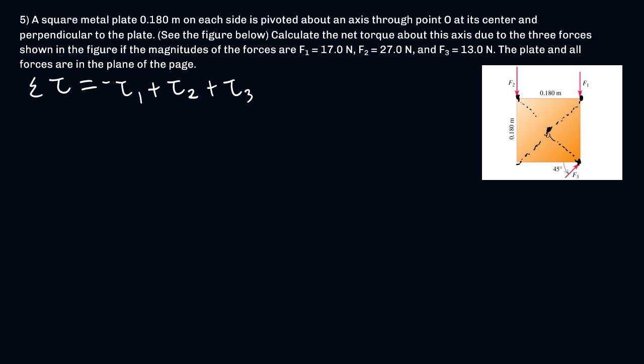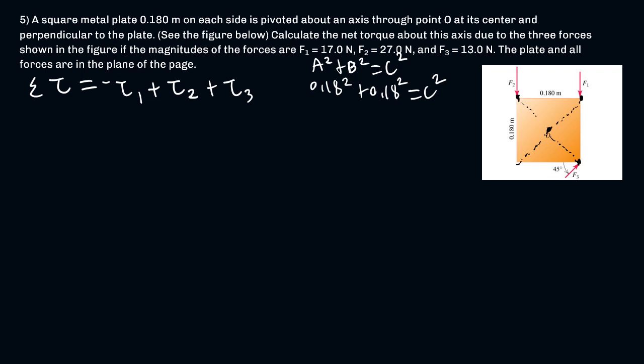So let's do this real quick. Obviously a squared plus b squared equals c squared. We have a squared, that is 0.18. I'm not going to plug in units here, so 0.18 squared plus 0.18 squared equals c squared. Let's plug this into our calculator.